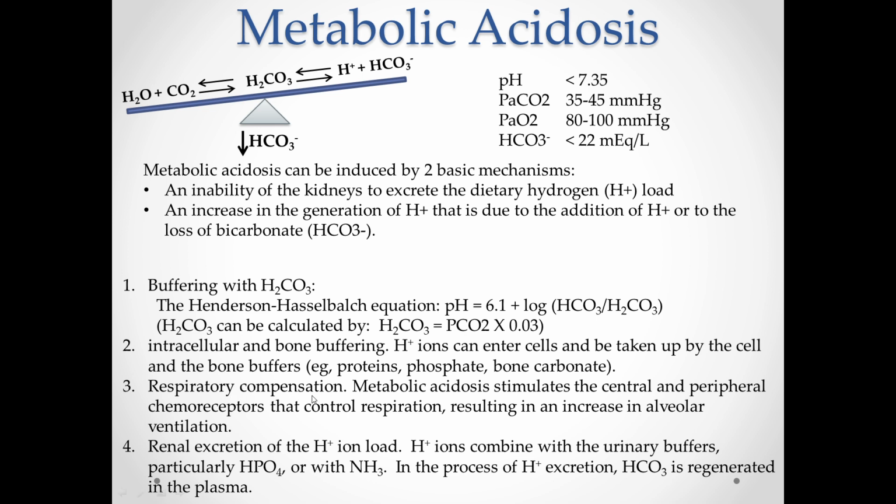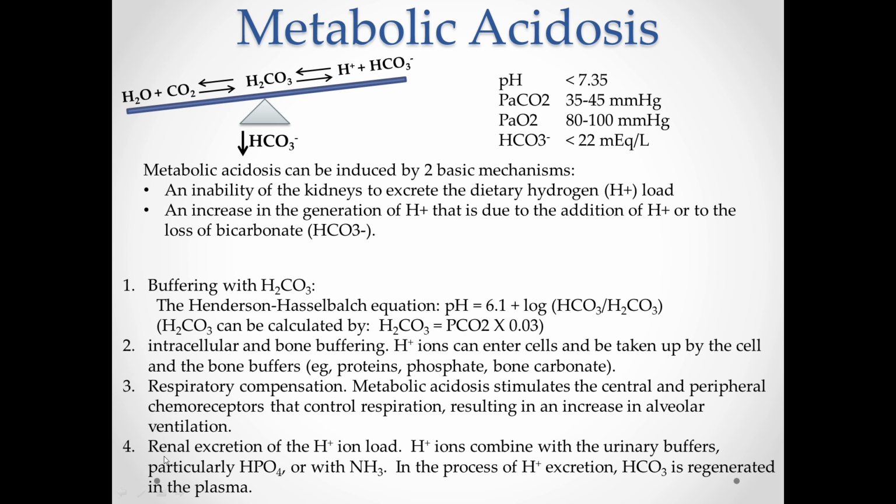If a metabolic acidosis occurs, it stimulates the central and peripheral chemoreceptors that control respiration. This results in an increase in alveolar ventilation. If there is an increase in alveolar ventilation, what your body is trying to do is reduce the concentration of CO2 such that this equation becomes balanced.